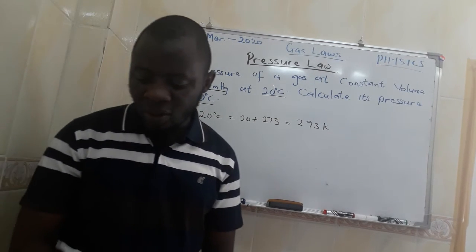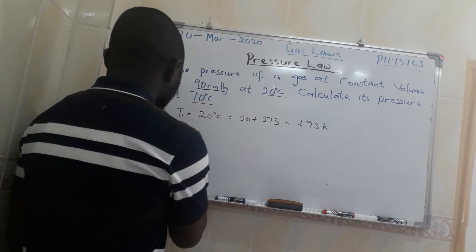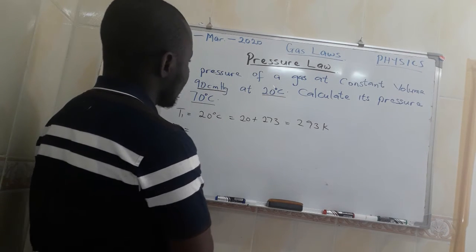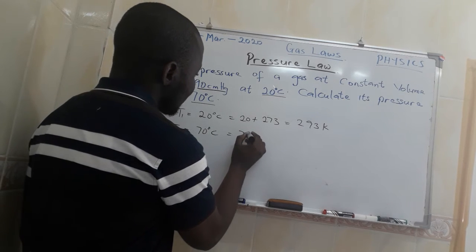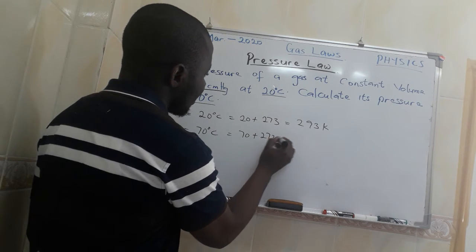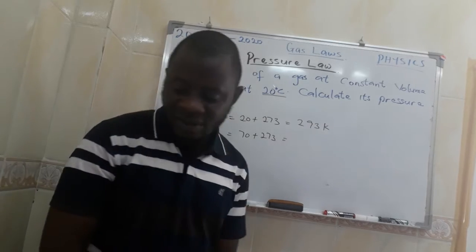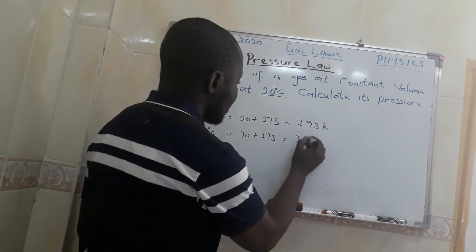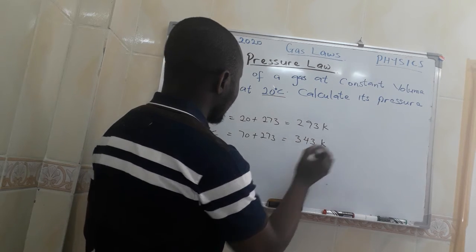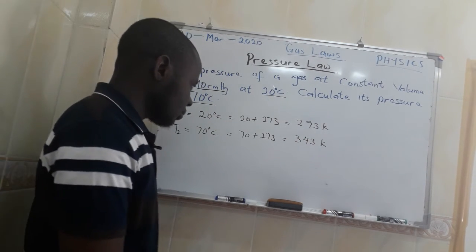Now let's go to the second one. This second temperature is equals to what? It's 70 degrees C. This will give me 70 plus 273, which will be what? That will give me 343 Kelvin. Are you following?